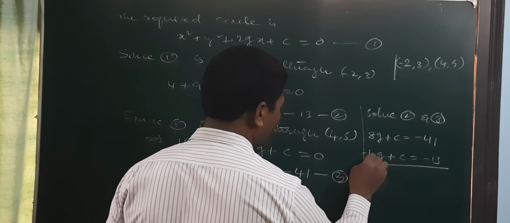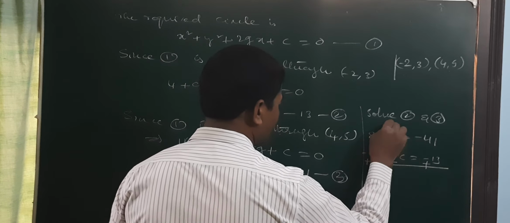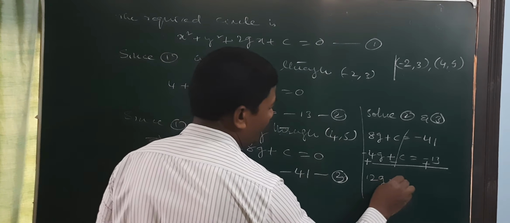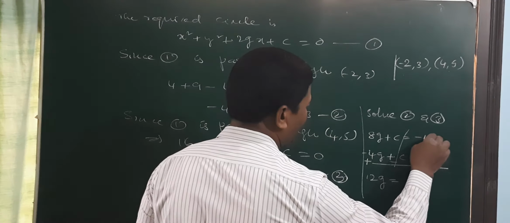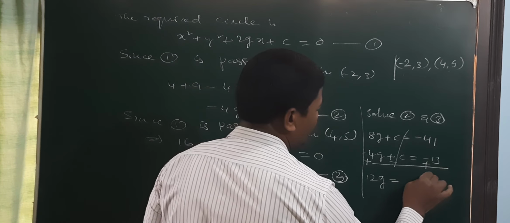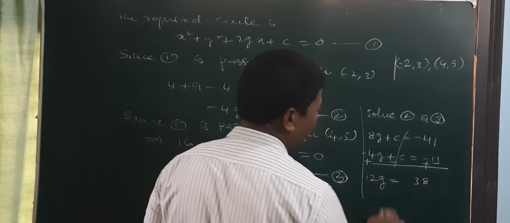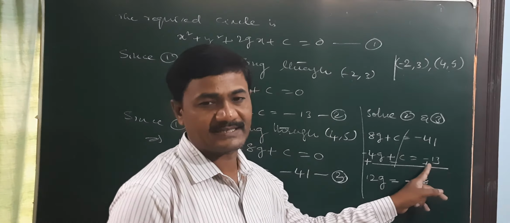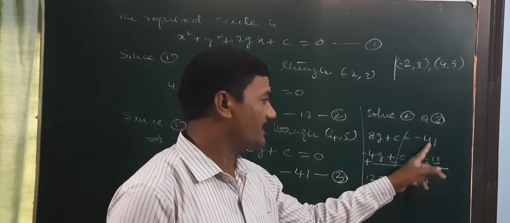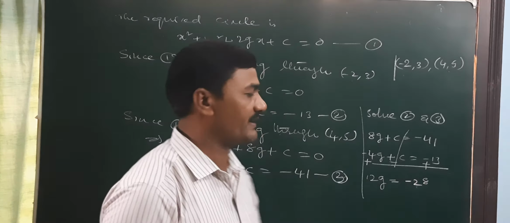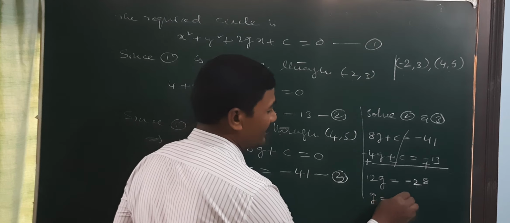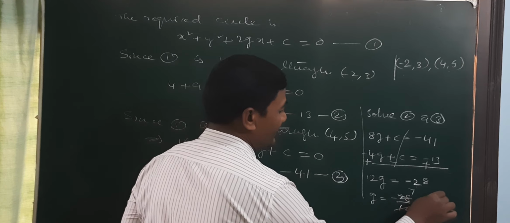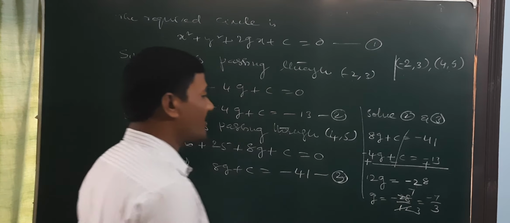Subtracting, plus becomes minus, and c cancels. So 12g equals minus 41 plus 13, which is minus 28. So g is equal to minus 28 by 12, that is minus 7 by 3. G is equal to minus 7 by 3.